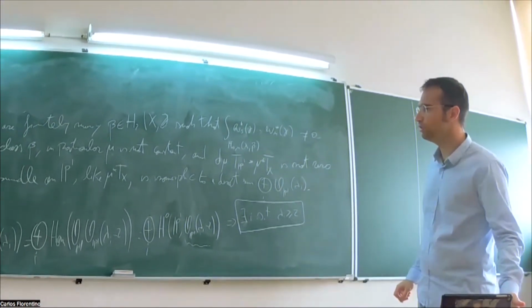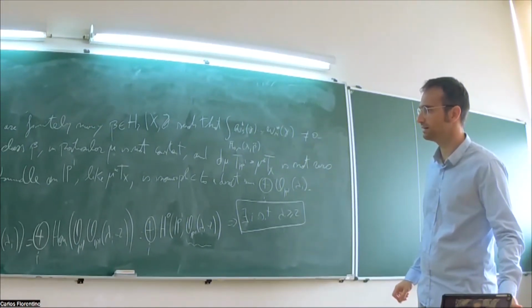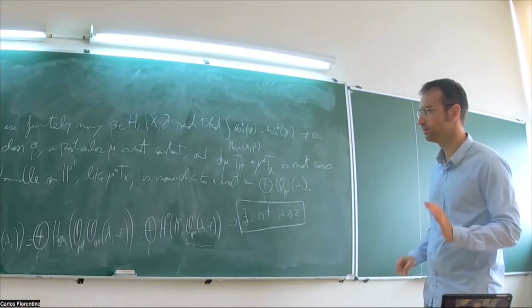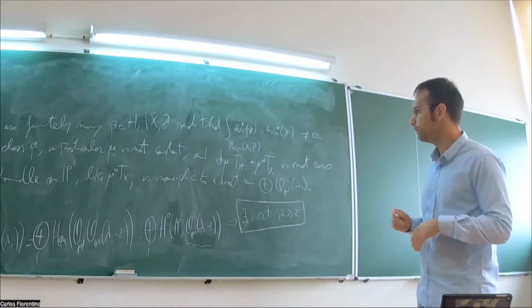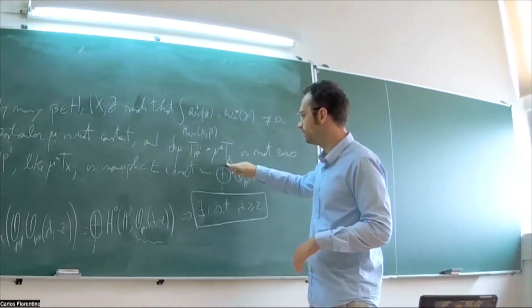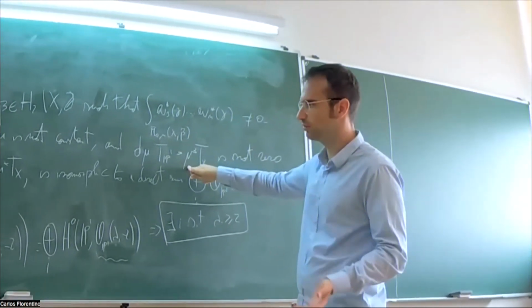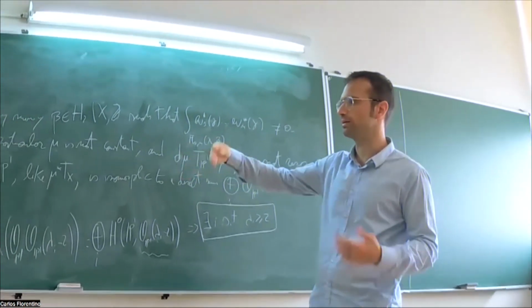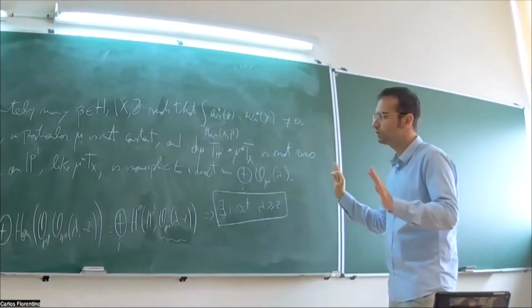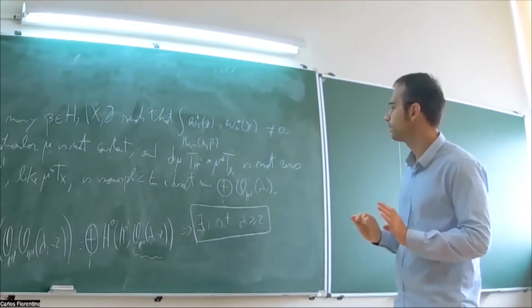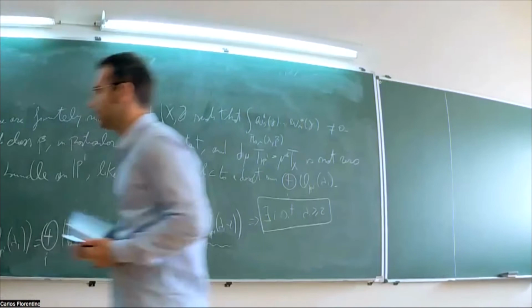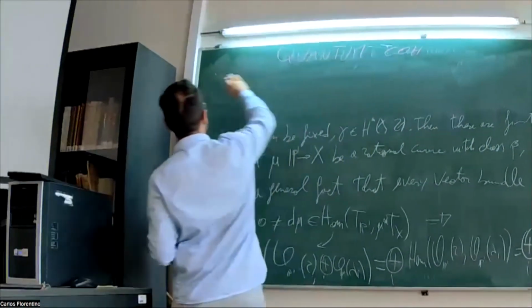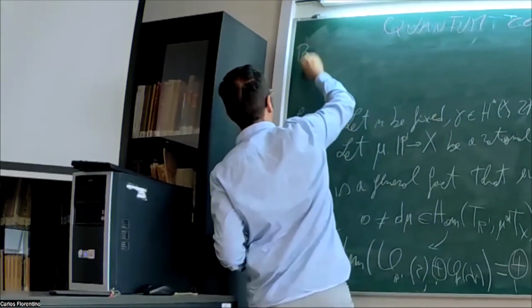Okay, we still didn't use that X is a homogeneous space. We just used the fact that mu is a moving map, because the pullback is a vector bundle on P1. So we just used that X is moved. Let's use that X is a homogeneous space, more exactly, that it is convex.